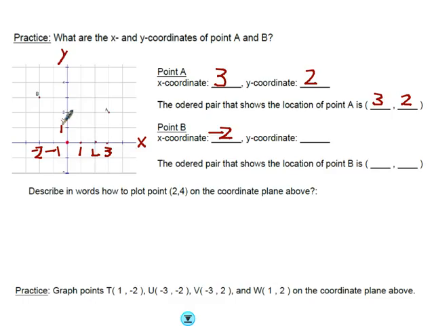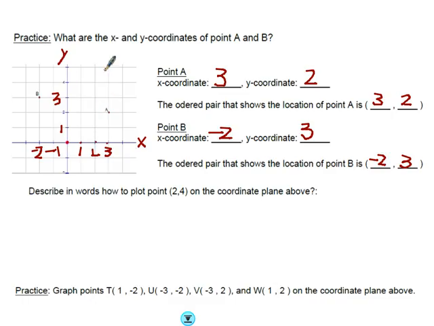And again, it's moving up, so it's going to be positive, and it's going to be 1, 2, 3. So it'll be positive 3. The ordered pair of point B would be negative 2 for the x-coordinate and 3 for the y-coordinate. Negative 2, 3.